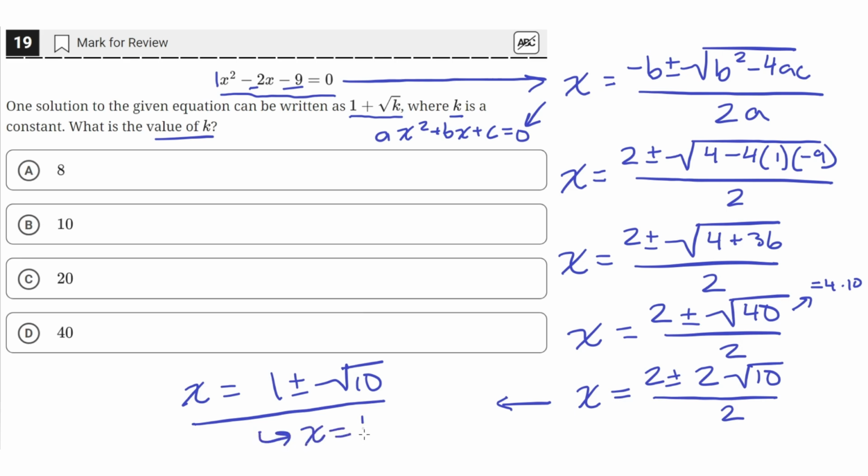So x equals 1 plus the square root of 10. There's a negative solution, but the positive solution is the one that's in this form. So we have the 1 and the plus sign and the square root of some constant. So we can easily see that k here is 10, since k is the constant being square rooted. So that means k is equal to 10. So the answer choice that is correct is B.